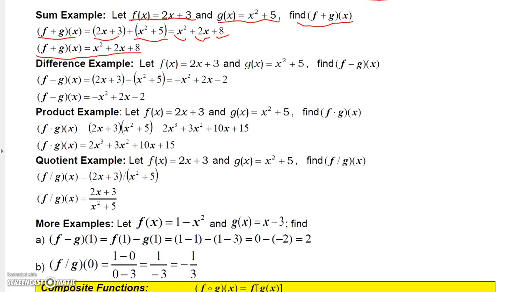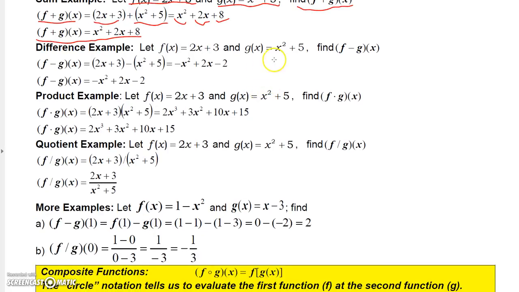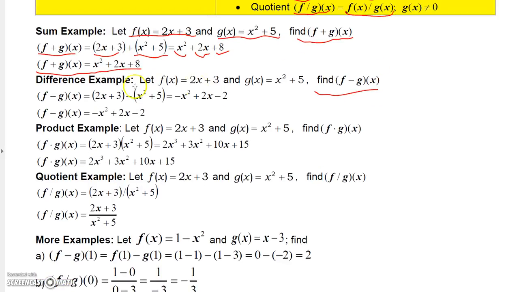Now the difference function of those 2 functions, you would just subtract. So if you wanted the difference function f minus g, to get that you would simply take f of x minus g of x. Now all that's going to give me is minus x squared, and then I'm going to have 2x, and then 3 minus 5 would be minus 2.